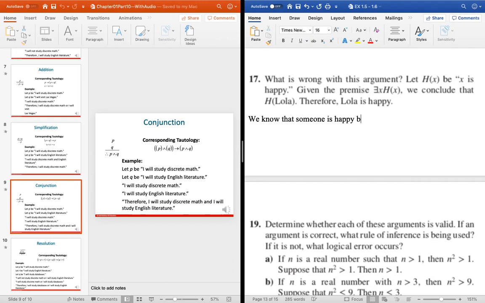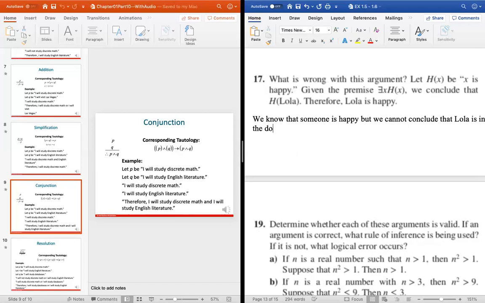But we cannot conclude that Lola is in the domain of x, meaning Lola may not be in x.